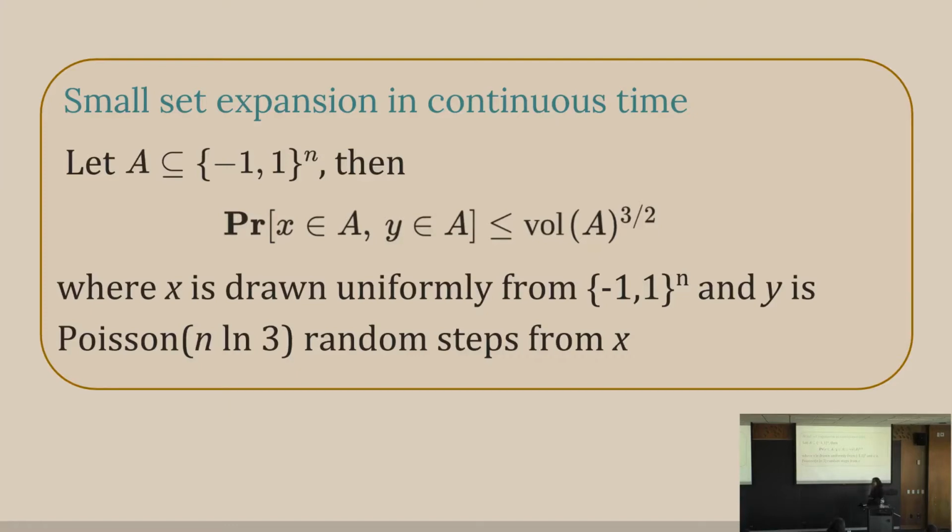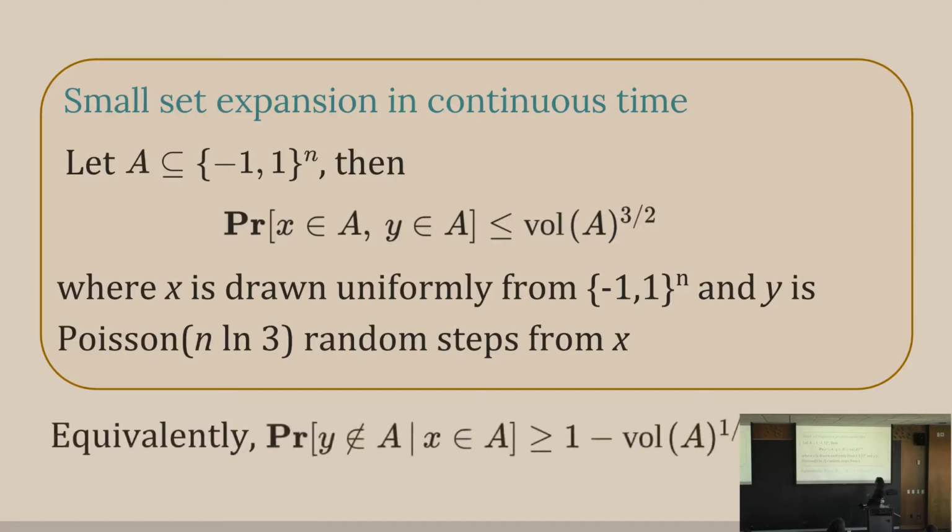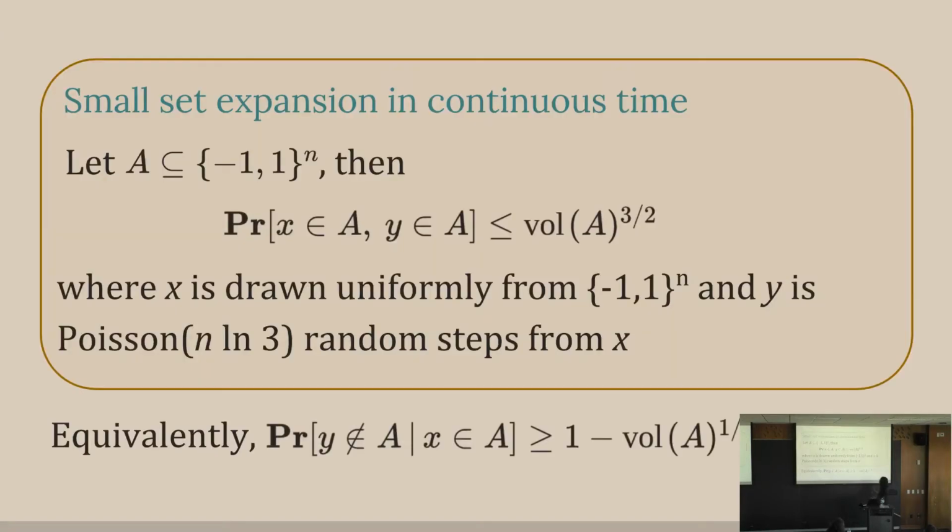You can rewrite this equation in this form as well. That says that if we pick a random point inside our set and take n steps, then we're almost surely going to end up outside the set, if the set has a constant volume.